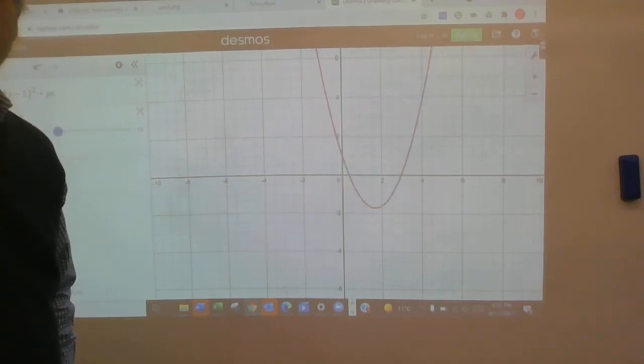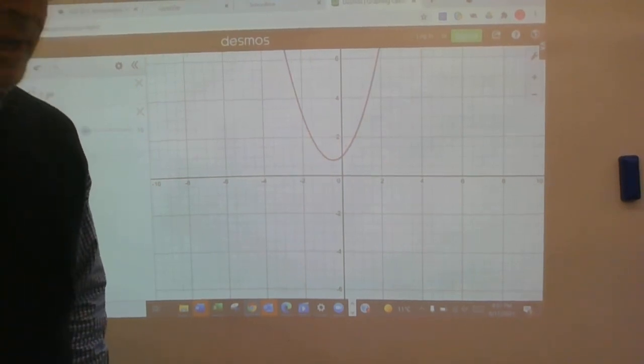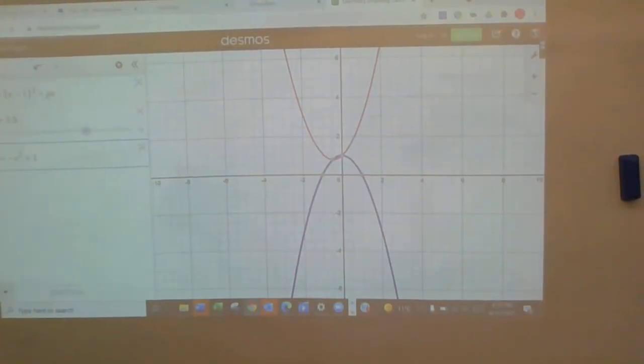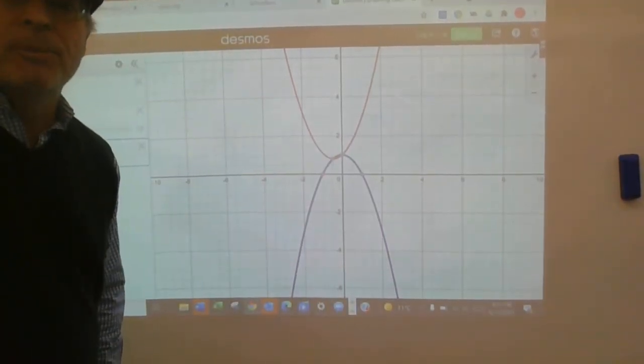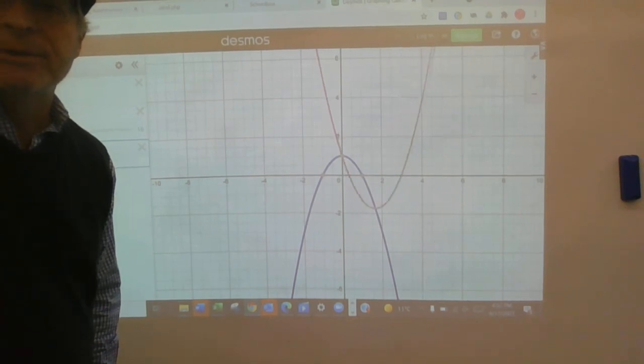Now we reckon that should have been the equation minus x squared plus 1. So I'll type that in here: y equals minus of x squared plus 1. And as I move P, the vertex of the parabola is moving along that there.